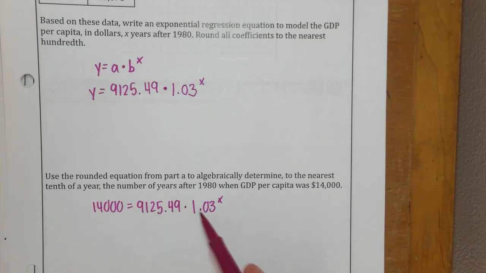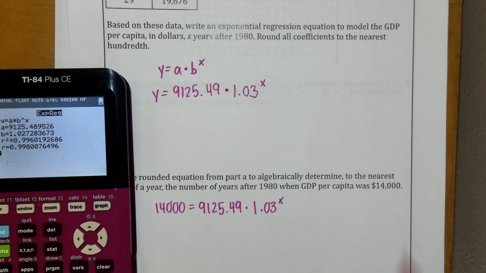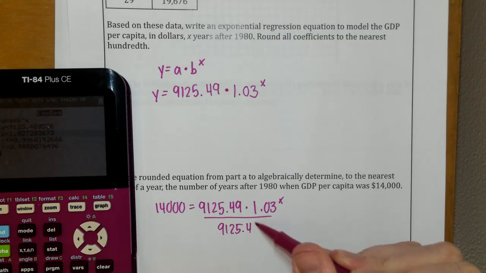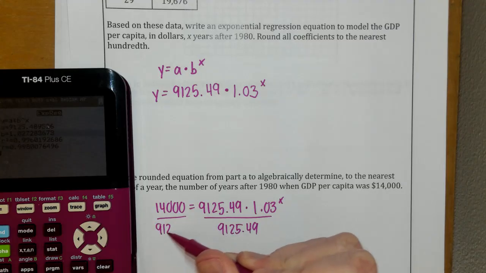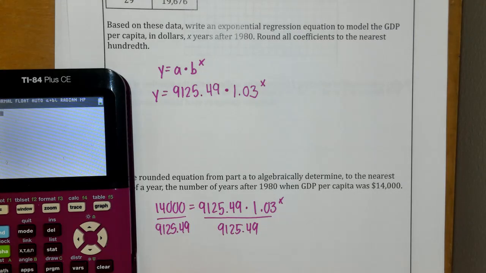When you are given an equation where the variable is the exponent, that's a good sign that you're going to be using logs. So first, I need to get this 9125.49 out of here. So I'm going to divide by 9125.49. 14,000 divided by 9125.49.